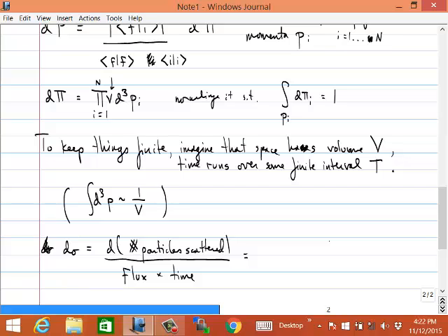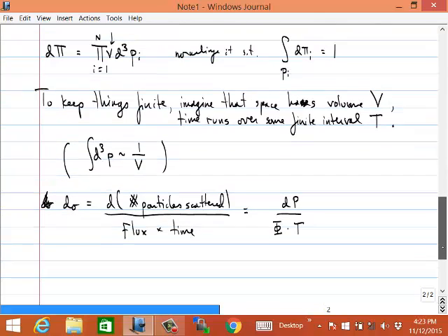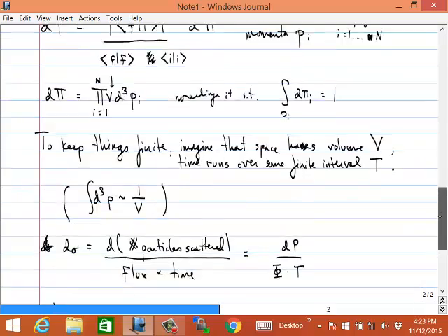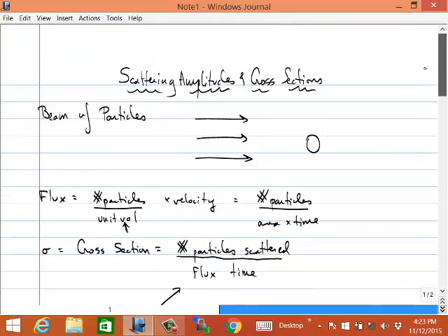So this is dp over flux times time, where what is the flux? Remember, the flux, just referring up to here, was the number of particles times velocity per unit volume.